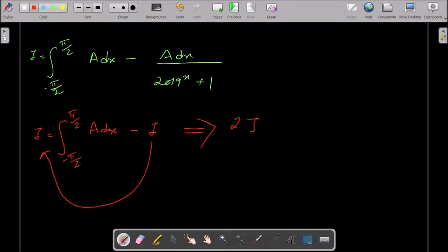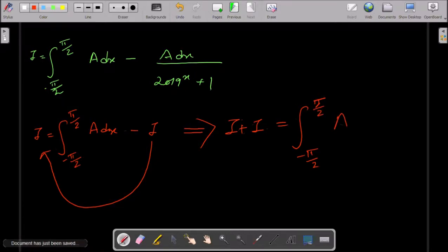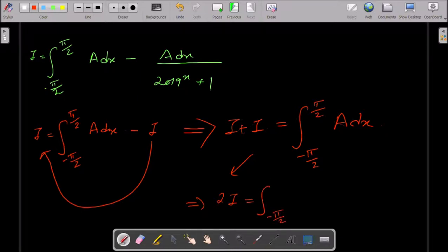So 2I equals, I am writing clearly so that everyone understands, I plus I equals the integration from minus pi by 2 to pi by 2 of a dx. So this will come as 2I equals the integration from minus pi by 2 to pi by 2 of a dx. Okay, this will come like this.